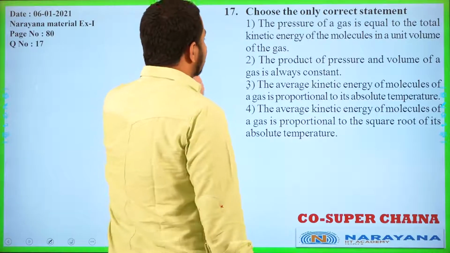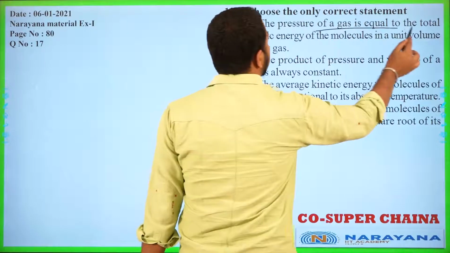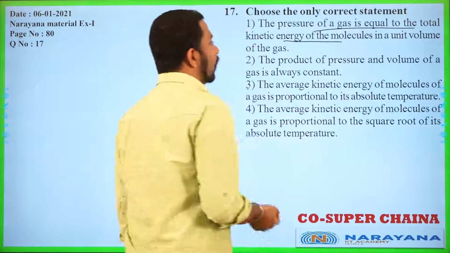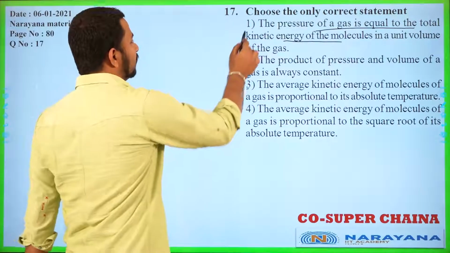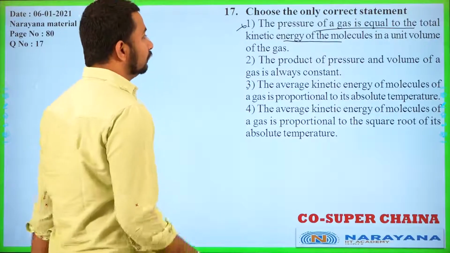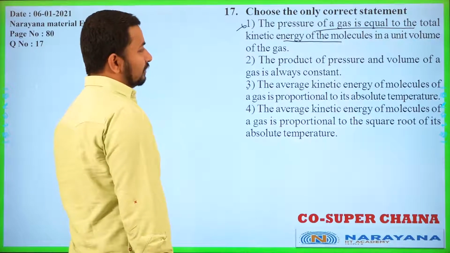Choose the correct statement from here. The pressure of a gas is equal to the total kinetic energy: just now we have done this statement for P, so that is incorrect.